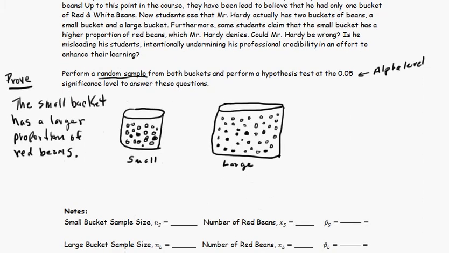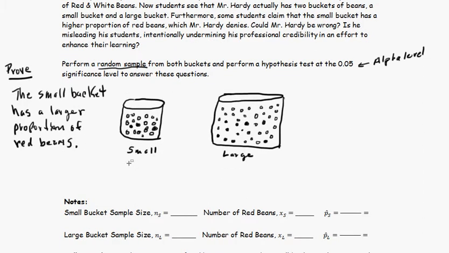So first, let me point out some notation. If we did a census of this bucket, we could clearly answer the question. And we would use this notation, P subscript S, to be the proportion of red beans in the population of beans in the small bucket. And we would use P subscript L to be the proportion of red beans in the large bucket.